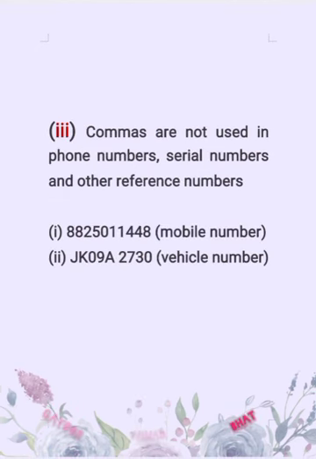Number 3. Commas are not used in phone numbers, serial numbers and other reference numbers. For example, 88250-11448 is a mobile number and JK09A2730 is a vehicle number, and no commas are used in these numbers.